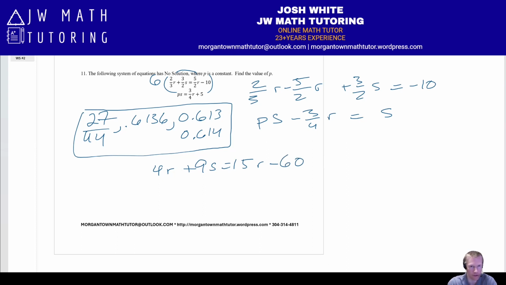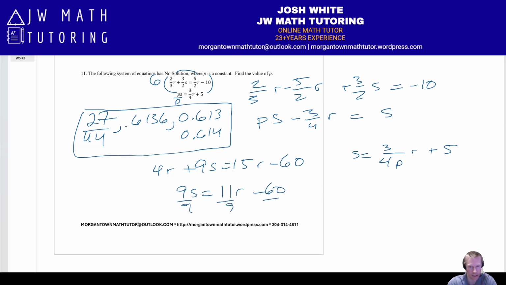And the bottom one, I would actually not do anything, because all you have to do to solve that for s is divide by p. So you get 3 over 4p r plus 5. Okay, that one is solved for s, which is like our y. So I have to solve the top one for s. So 9s equals, subtract this over, minus 4r, you get 11r minus 60.